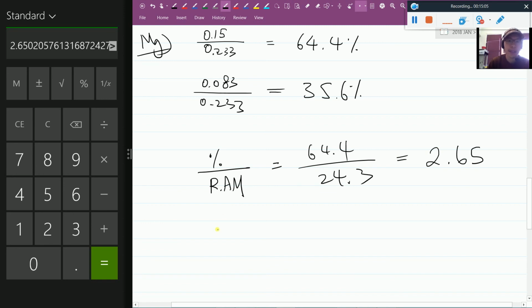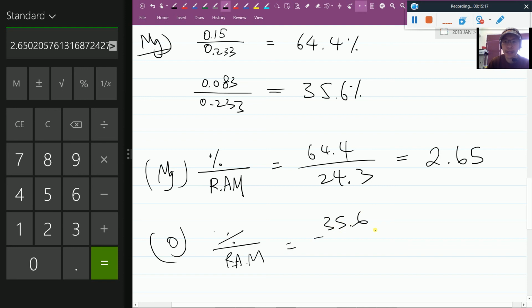Then using the same thing for the oxygen, the oxygen percentage over the relative atomic mass gives us 35.6 over 16, which is 2.23 as a proportion.